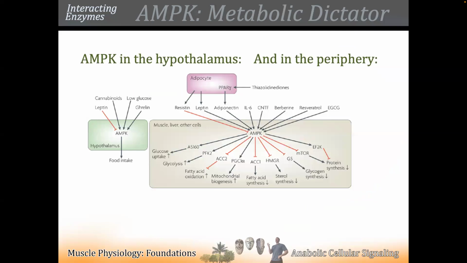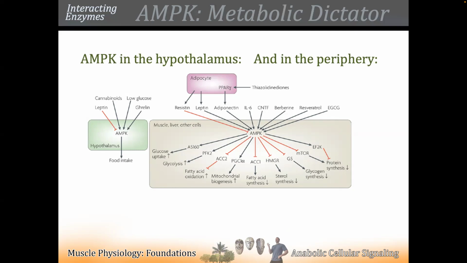That promotes. So you're encouraged to eat if you're promoting AMPK activity. And then on the right, that big brown box, that's the periphery. In the periphery, lots of stuff is going to promote AMPK, including leptin. So notice the contrary effects of leptin in the hypothalamus and the periphery. It seems counterintuitive until you think about it, and then it makes perfect sense.